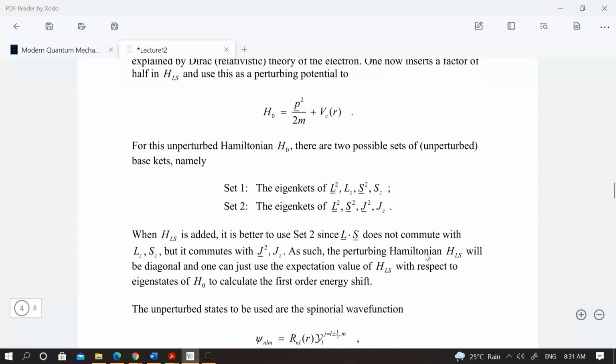You can use either the individual angular momentum states, involving your Lz and Sz, or you can use L squared and S squared together with J squared and Jz. This is from the addition of angular momentum.